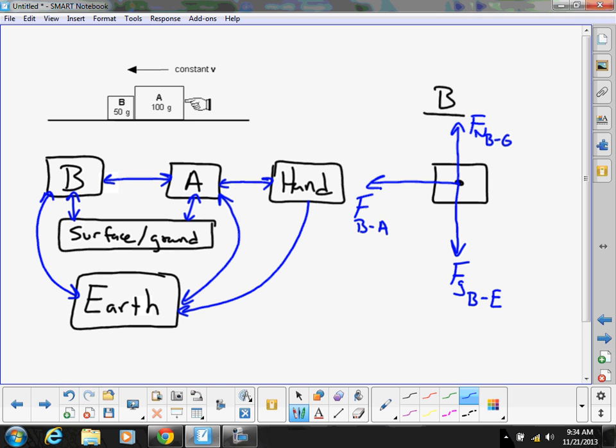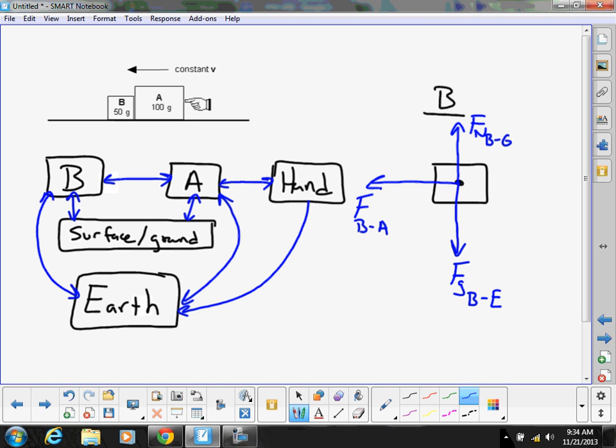And so if we look at our interaction diagram, there are 3 interactions acting on block B. We've got 3 forces in our force diagram, but we are not finished. We need to look at the fact that this thing is moving at a constant velocity. Now, one of the things that we're going to get into is how do these forces affect motion?